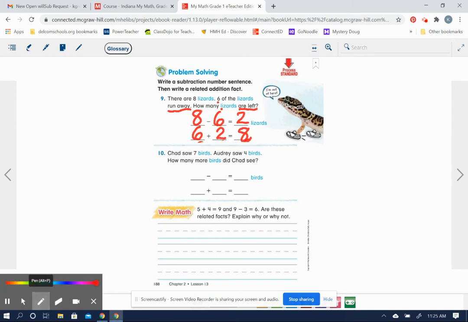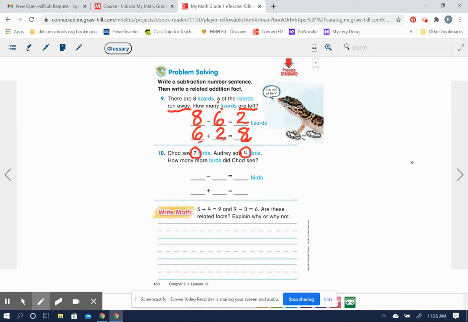Okay, number 10. Chad saw 7 birds. Audrey saw 4 birds. How many more birds did Chad see? Okay, this is a comparison. We're comparing the number of birds that Chad saw, and we're comparing it to the number of birds that Audrey saw. So we can make a subtraction sentence still using these numbers, okay, 7 and 4.